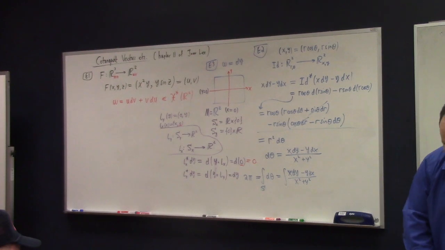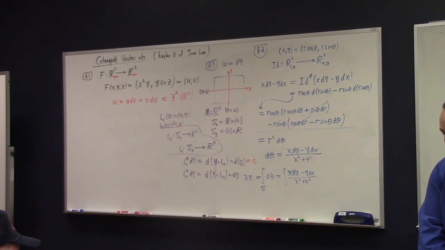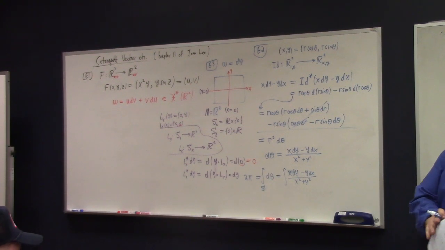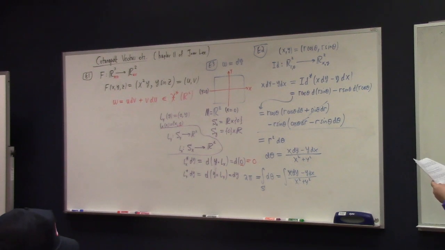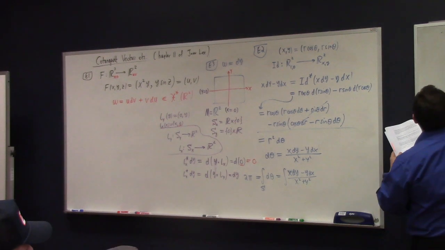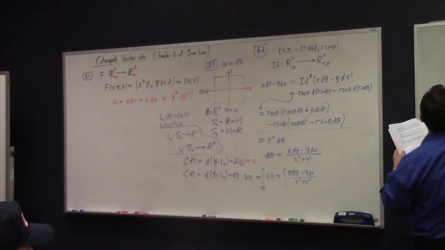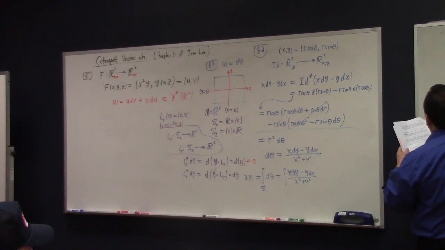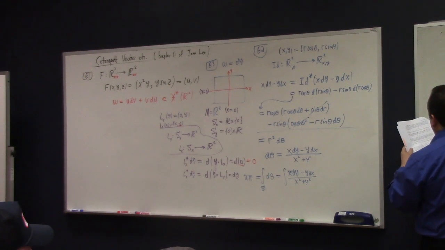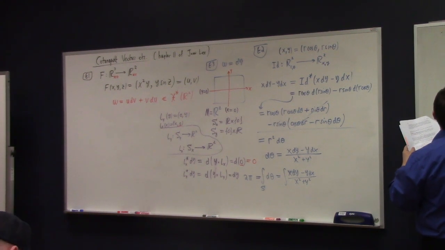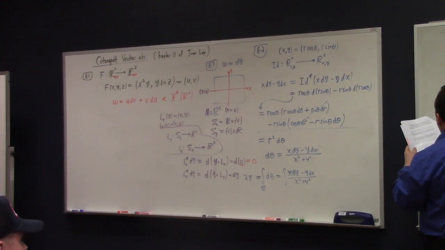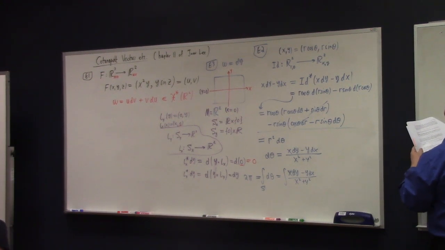The first thing is he defines how we can integrate a covector field. What's the integral of a covector field along a curve? Well, he first defines the integral of a covector field along the real line to be this: integral from a to b of f of t dt, basically.